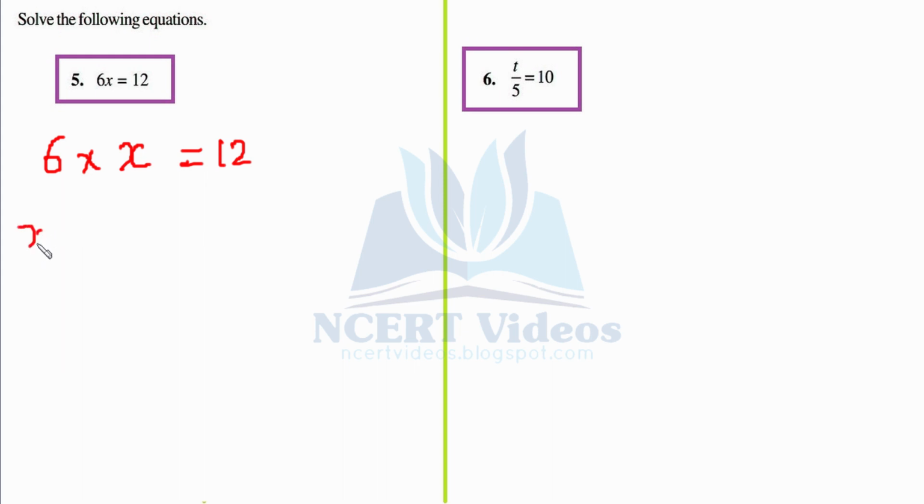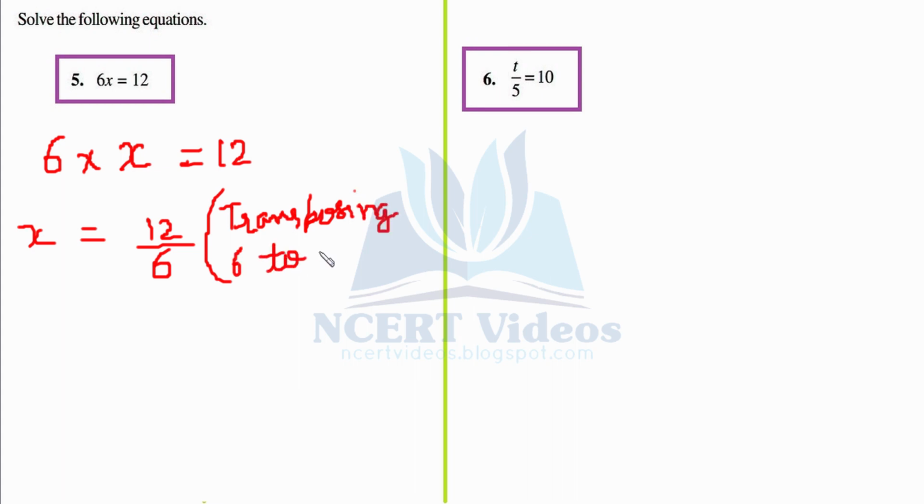X we are left with on left hand side, that equates to 12, and we are dividing now. Division with 6, because here it was getting multiplied, and the reason is transposing 6 to right hand side. This is the reason. And again, for your convenience, we write it 12 over 6, cancelling opportunity.